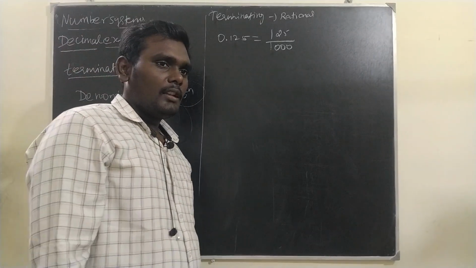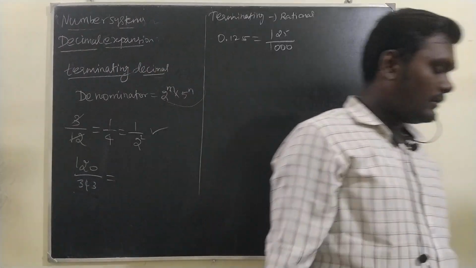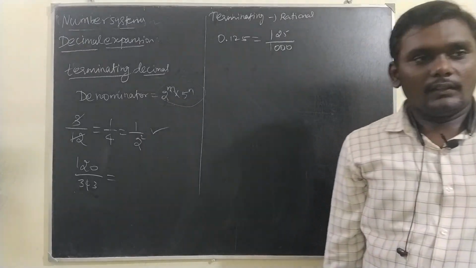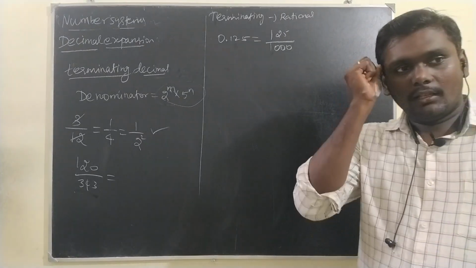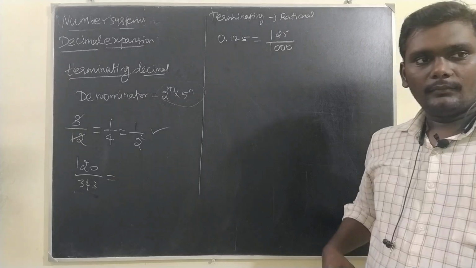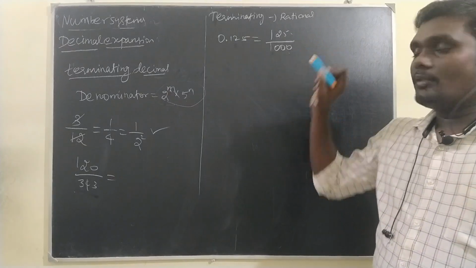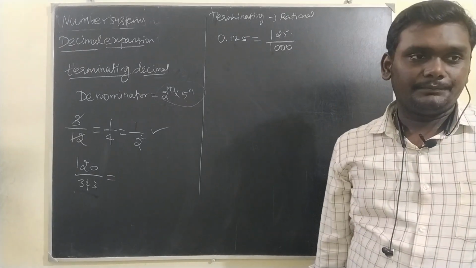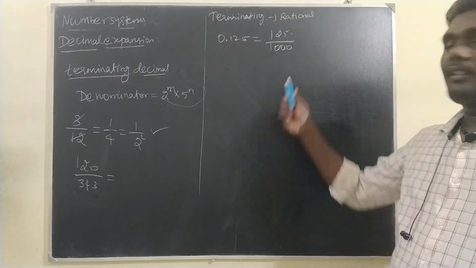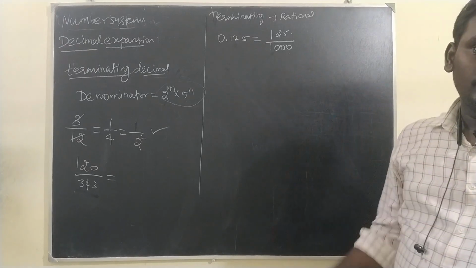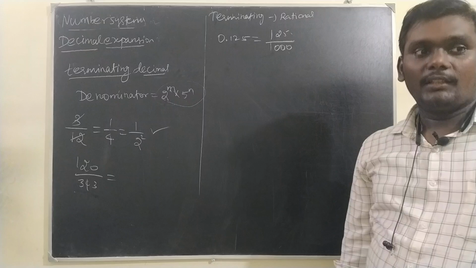That's all. This is the rational number. And what is the simplest form of a rational number that we have studied in 8th class? The numerator and denominator should not have a common factor other than 1. Do they have any common factor other than 1? Yes, it is 5.